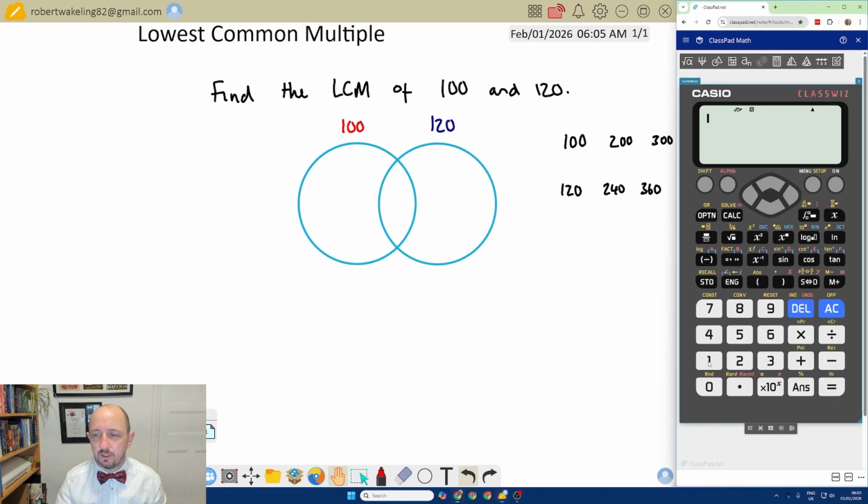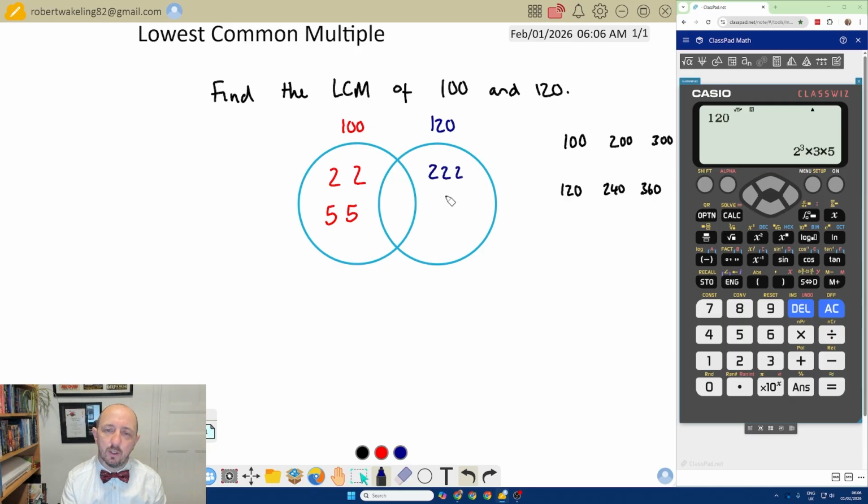So 100, we get the prime factors doing the cherry trees. I'm going to assume that you've seen that video and you know what to do, but the shift fact button will give us our 2, 2, 5, and 5 for 100, and then 120, shift fact, and we get 2, 2, 2, 3, and 5.